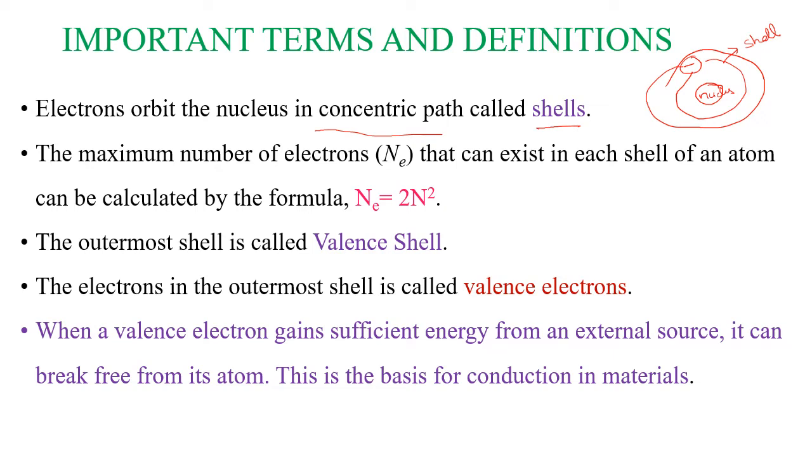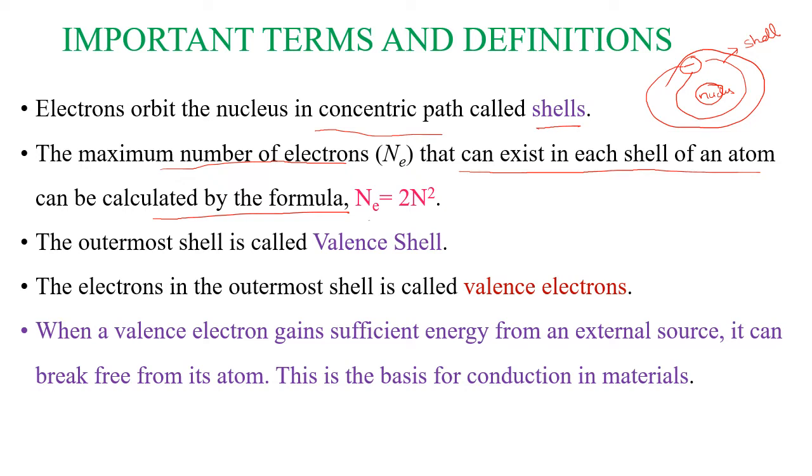The second one is the maximum number of electrons that can exist in each shell of an atom, which can be calculated by the formula Ne equals 2 times n to the power 2.